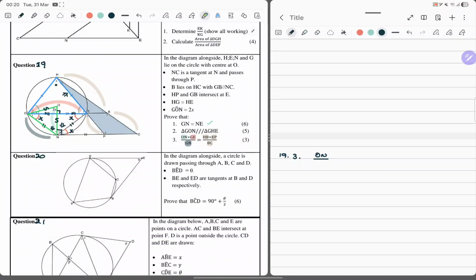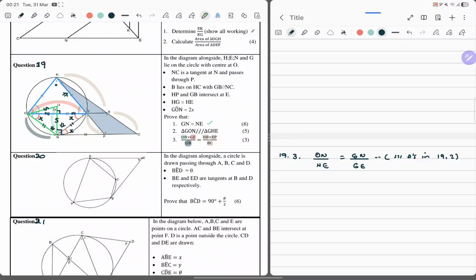So this is going to be ON over HE equal to, now what else do we want? GE to come out. GE will come out when we use GN. So this is going to be GN over GE, of course, GN is opposite that angle, which is equal to that. You can just say similar triangles in 19.2. So we know that.